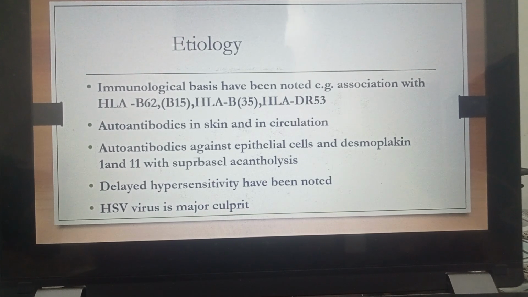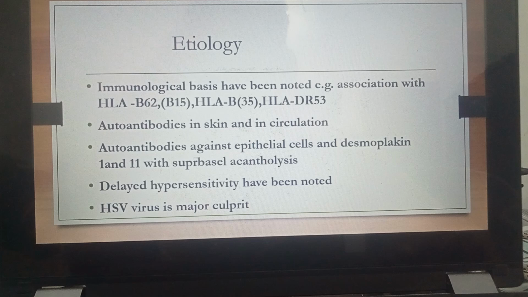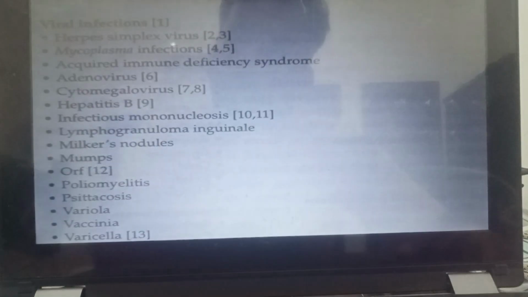Autoantibodies in skin and circulation are also noted, and autoantibodies against epithelial cells and desmoglein 1 and 2 with suprabasal acanthosis are noted. Delayed hypersensitivity reactions are noted, and herpes simplex virus association, which is a major culprit of erythema multiforme, is noted.